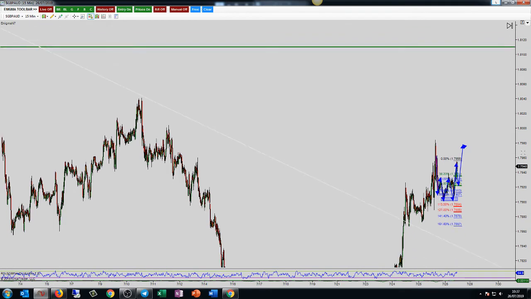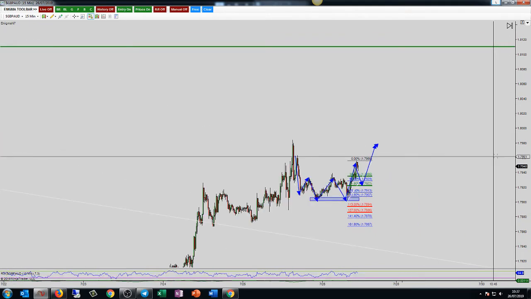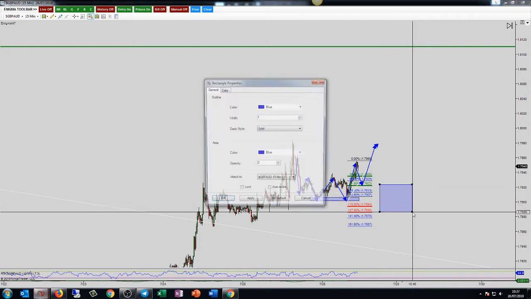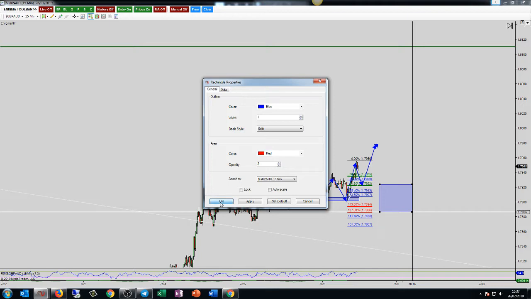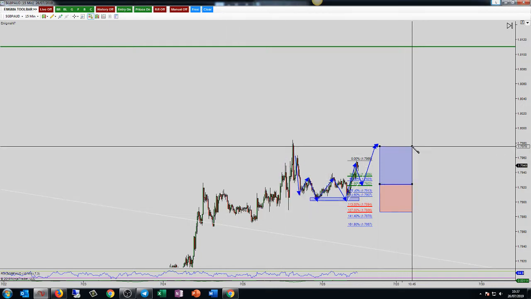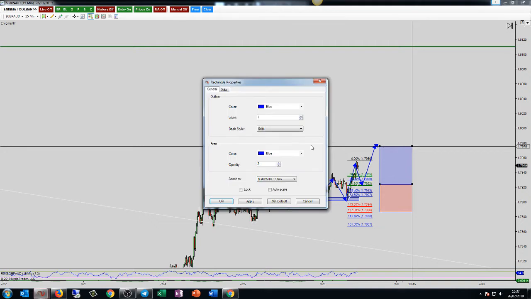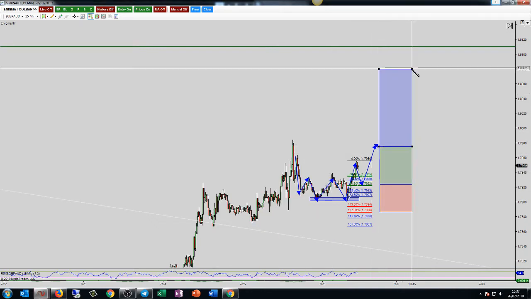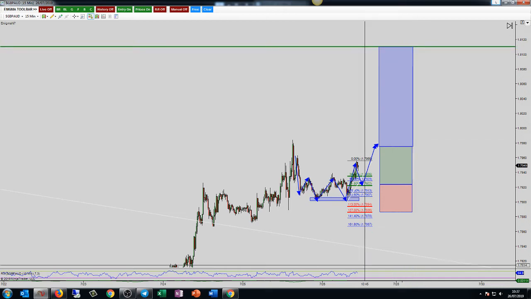Where's that 38.2 fib gone? There it is. So something like this would be your risk if it's still valid for you. I think this is going to be a little bit too aggressive for me. First targets would certainly be a retest up here, and then hold those second targets all the way up to that level.